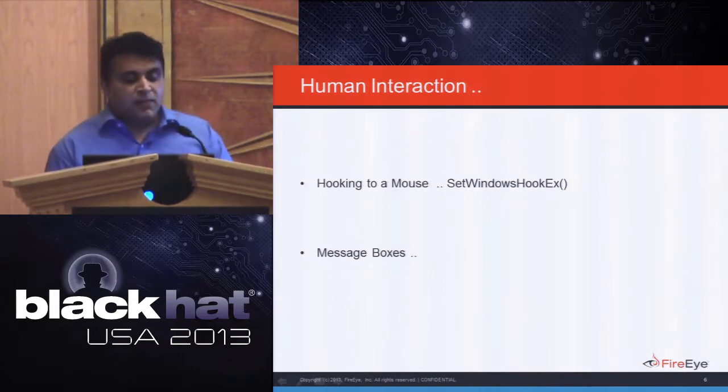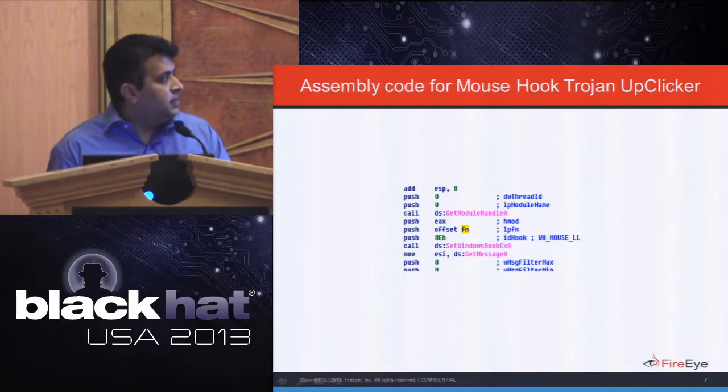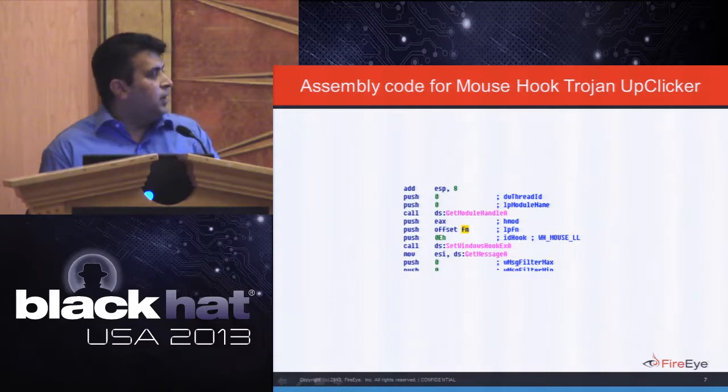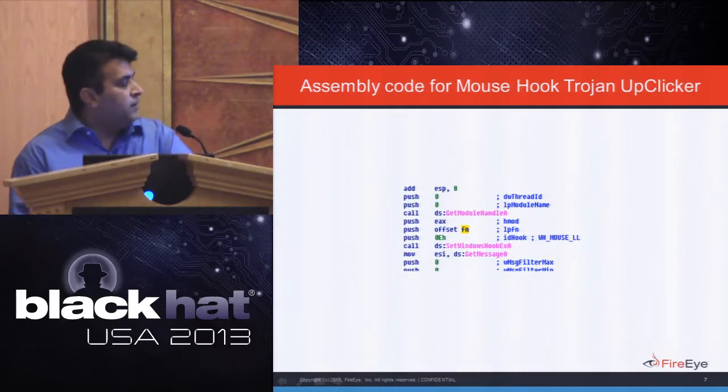File-based sandboxes emulate a physical system which lacks human interaction, and this fact has been used to develop evasion techniques. This is code from Trojan Upclicker, which was observed by us in December 2012. It makes a call to the function SetWindowsHookEx, and in that function, it passes the parameter 0EH.